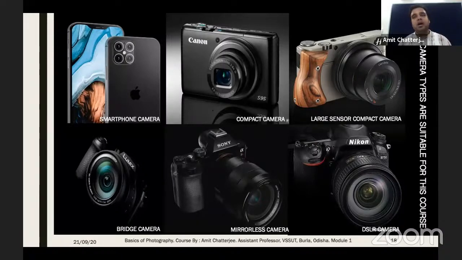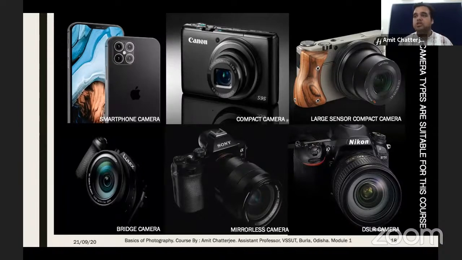The demerit, however, is that a bridge camera does not have the capability of changing a lens. Its advantage is its disadvantage. The camera is very versatile, and the disadvantage is it does everything but nothing to perfection. Still, the bridge camera is one of the most popular kinds of camera that we use today.